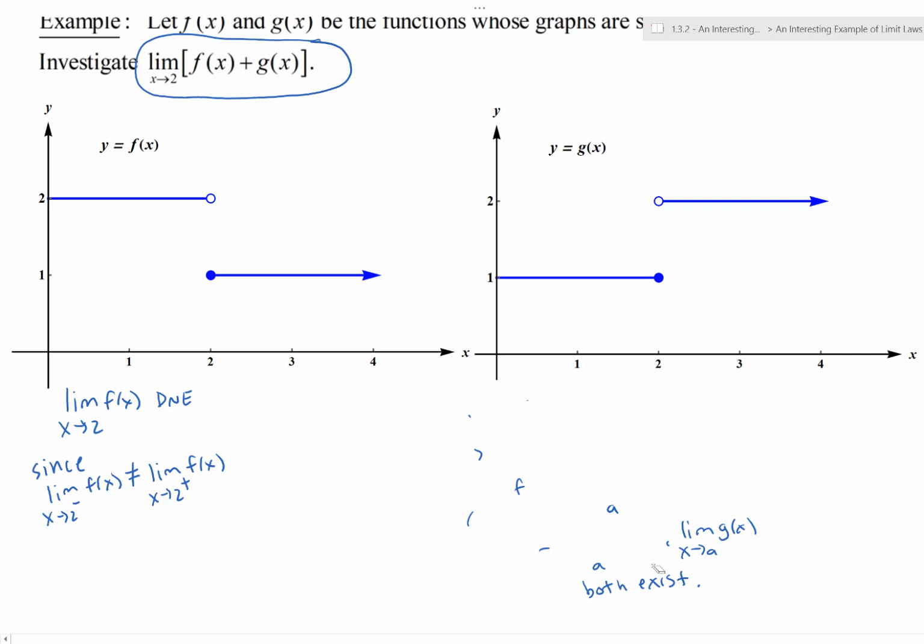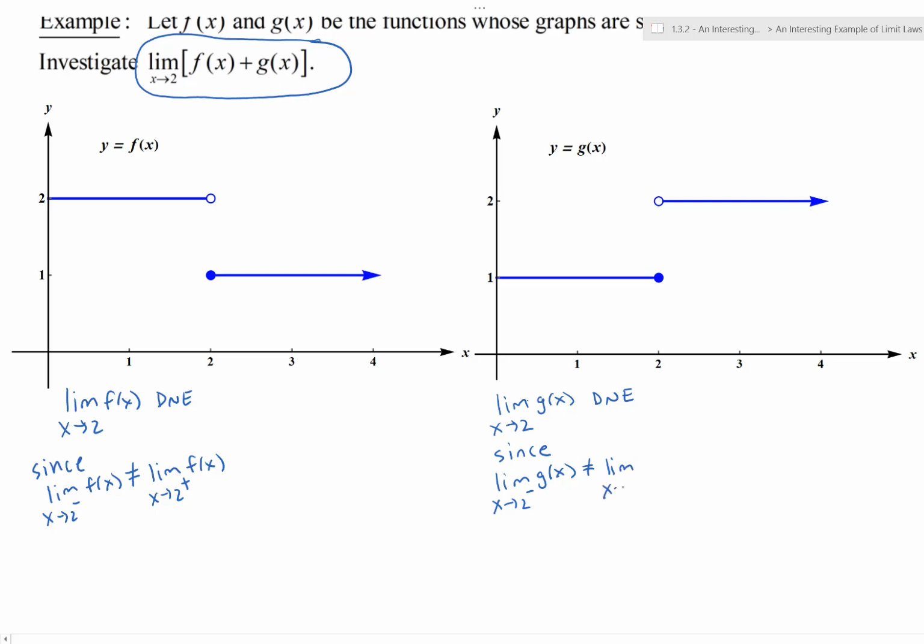Let me just get rid of some of that stuff we already wrote here. Notice that the limit as x goes to 2 of g of x also does not exist. And again, that is because the limit as x goes to 2 from the left of g of x is not equal to the limit as x goes to 2 from the right of g of x.